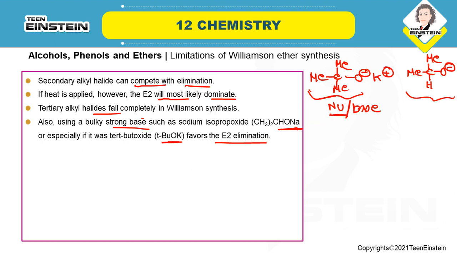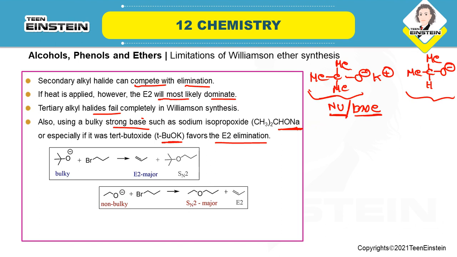When we call it nucleophile, the negative charge is attacking an electron deficient carbon, for example the carbon of the alkyl group in alkyl halide. But if it is behaving as base, it will capture H, because that is the property of a base. So this is the difference between nucleophilicity and basicity. Both carry negative charge, but there is a difference depending on where it is attacking. Nucleophile will attack electron deficient carbon and base will attack acidic hydrogen.